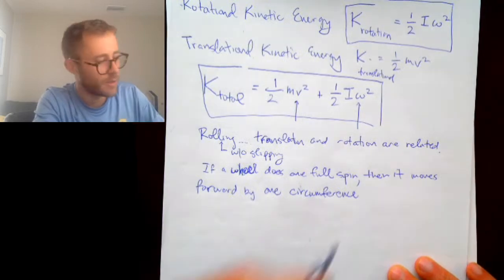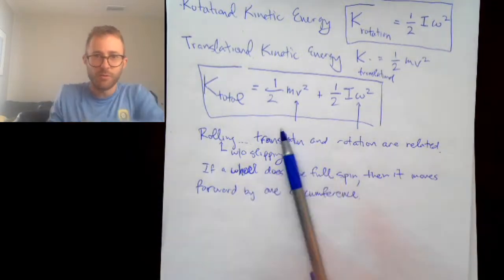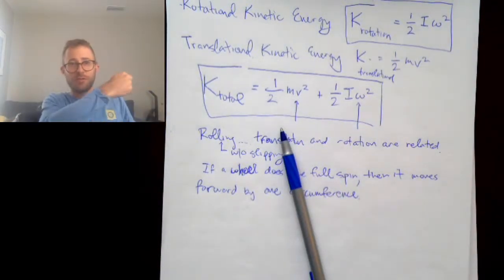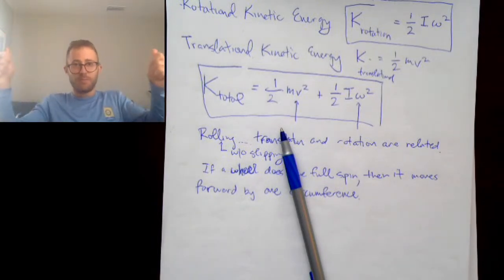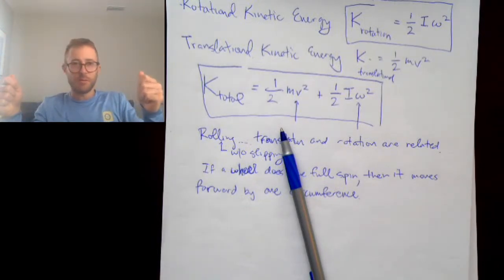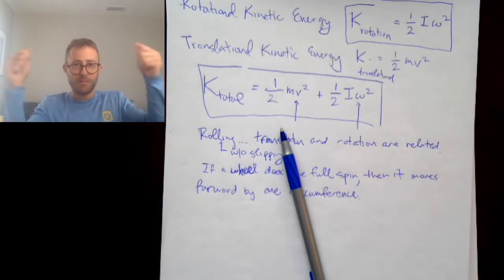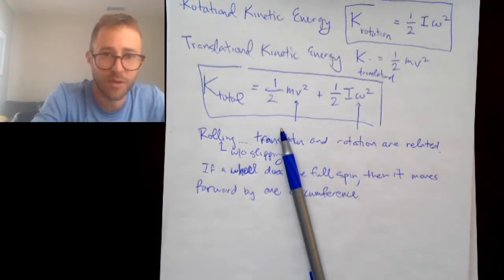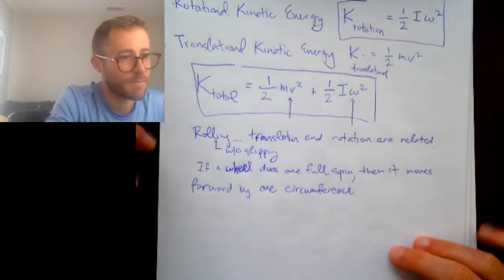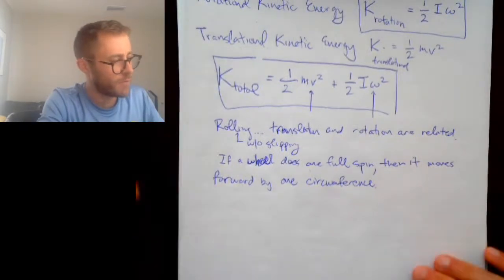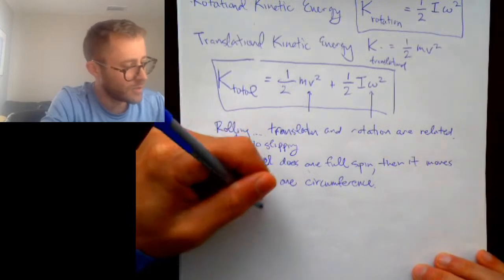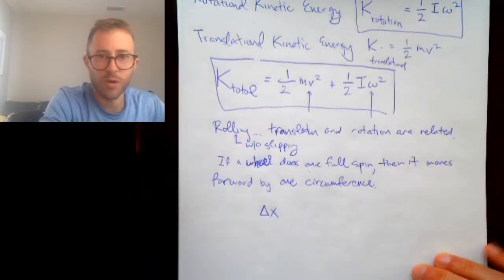Okay, and we just proved that. We let it roll forward, we tore off the piece of toilet paper, and the length of that piece of toilet paper represented how far it moved forward. And then we compared that to the circumference. It wrapped around perfectly.